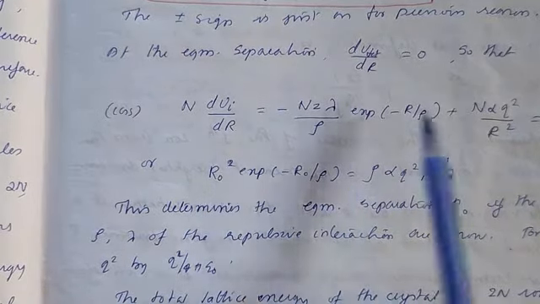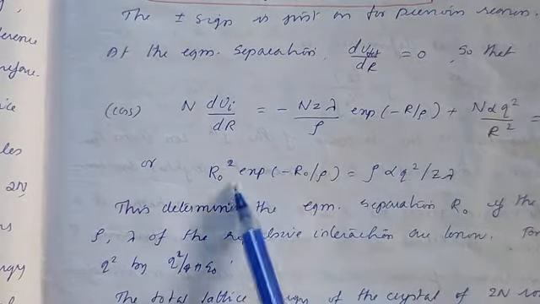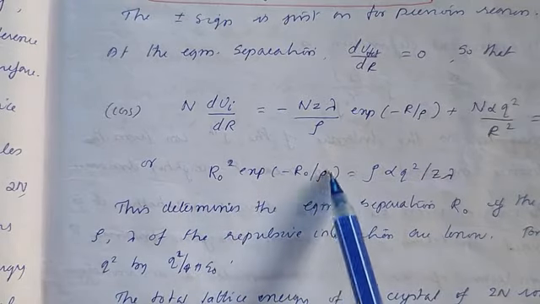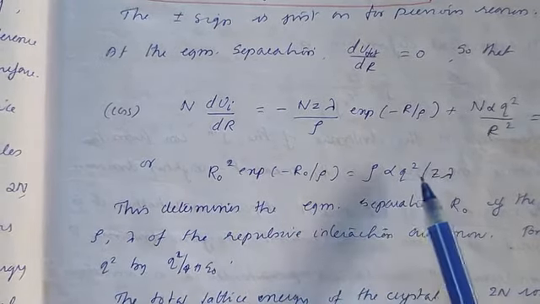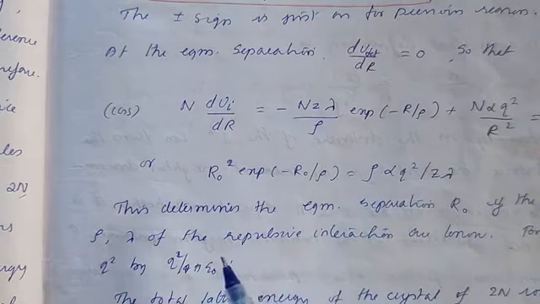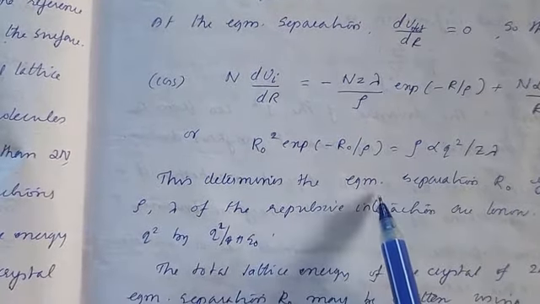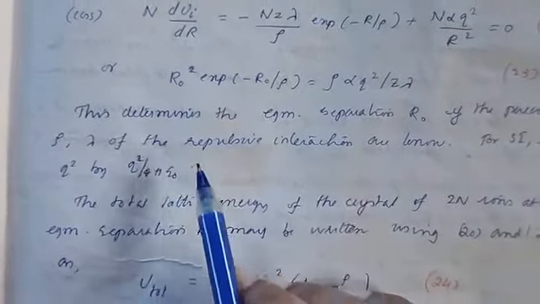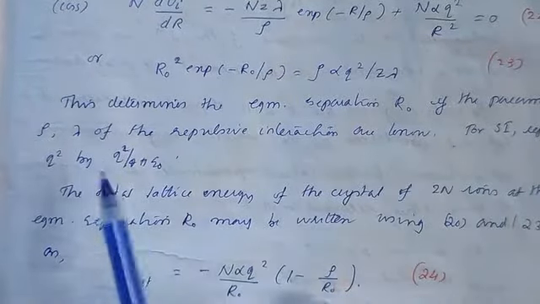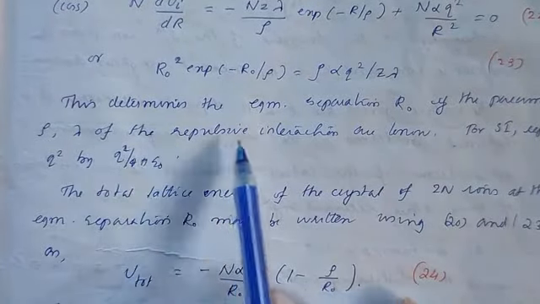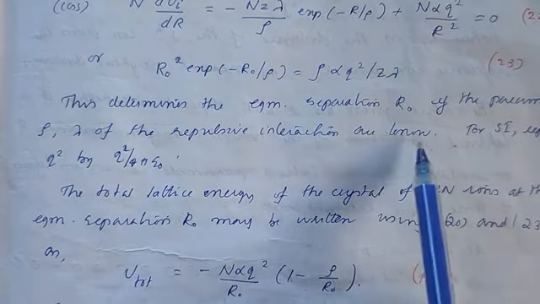After rearranging this, we get R0 squared into exponential of minus R0 by rho equal to rho alpha Q square by Z lambda. This determines the equilibrium separation R0 if the parameters rho and lambda of the repulsive interactions are known.